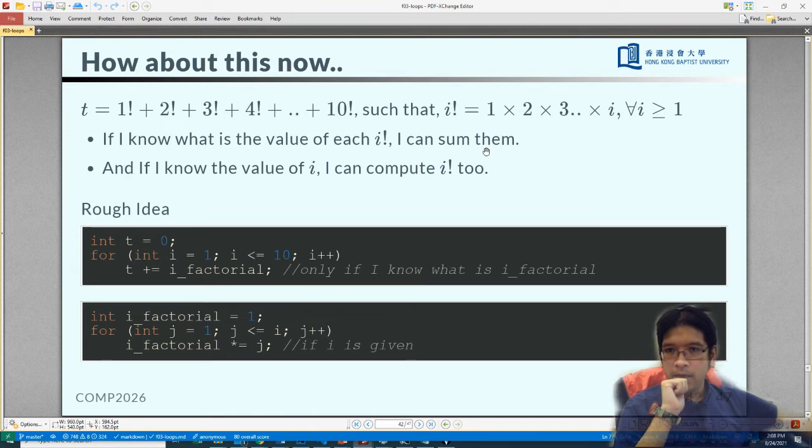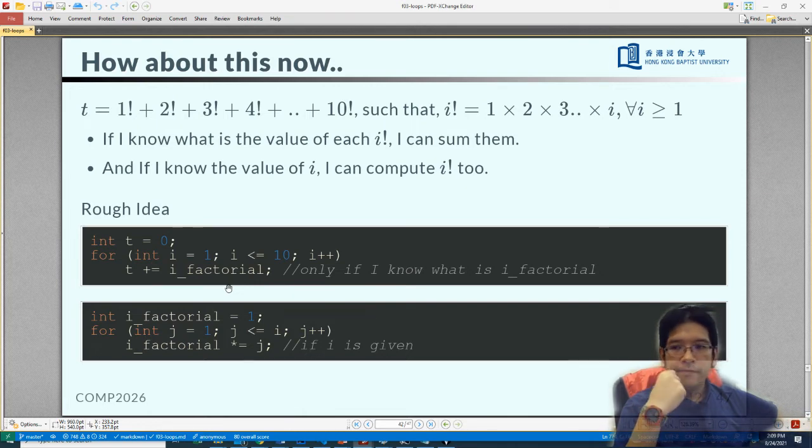And to compute i factorial is also feasible, because if I know the value of i, I can compute i factorial too. So look at this idea. If I know the values of i factorial, I can sum them up into t using this loop. Well, i factorial, we need to know what it is.